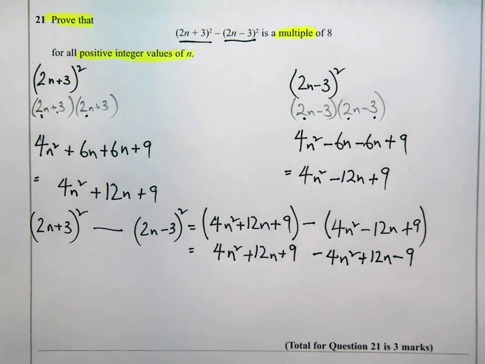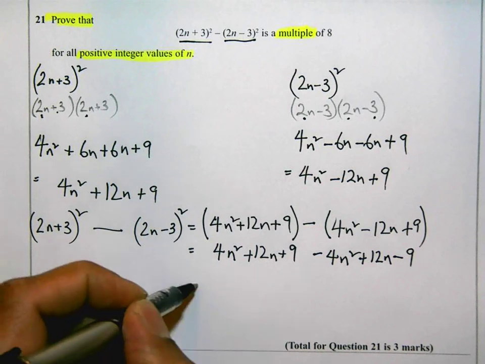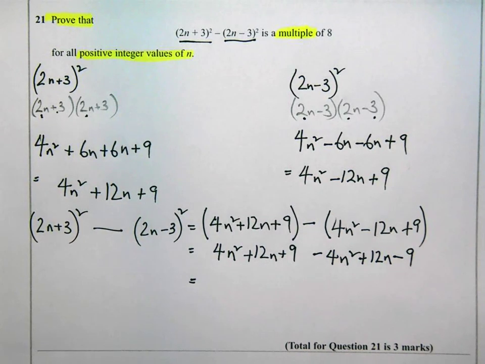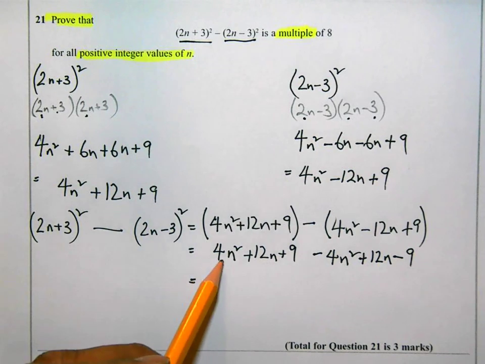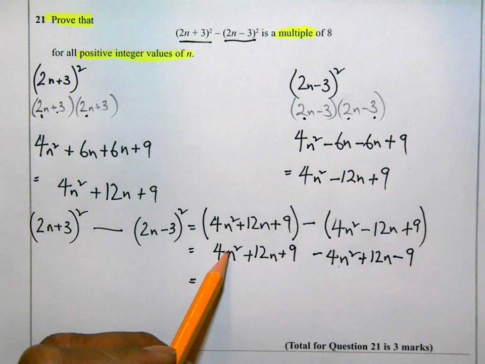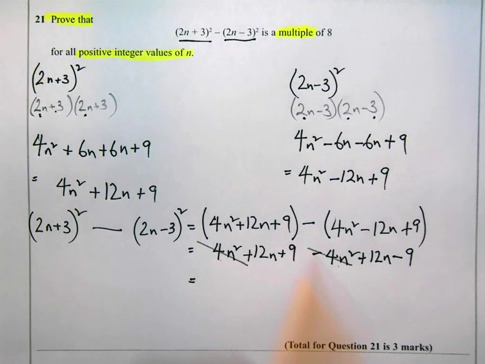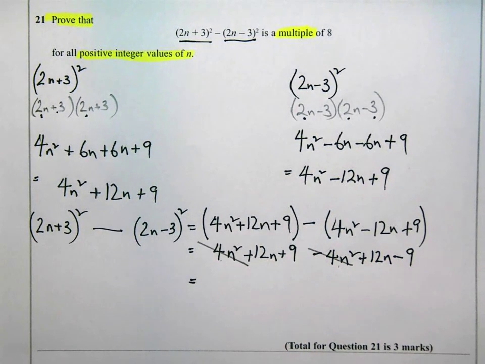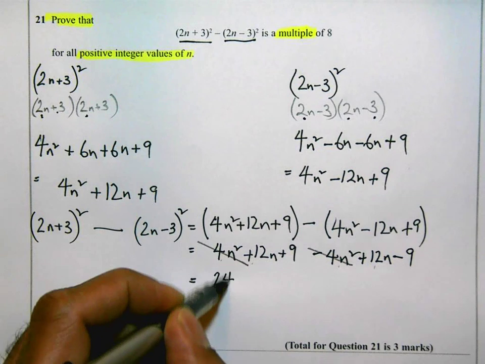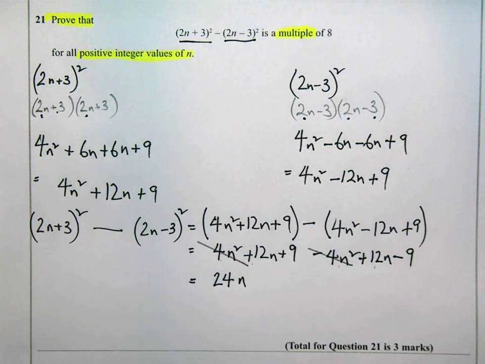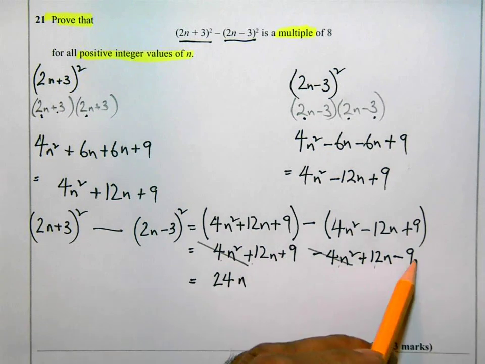Now, if you look at this whole line all together, if I collect together like terms, think about what the answer is going to look like. 4n squared and minus 4n squared cancel out to give me 0n squared, or nothing. Plus 12n and plus 12n together make 24n, and positive 9 and negative 9 cancel each other out.